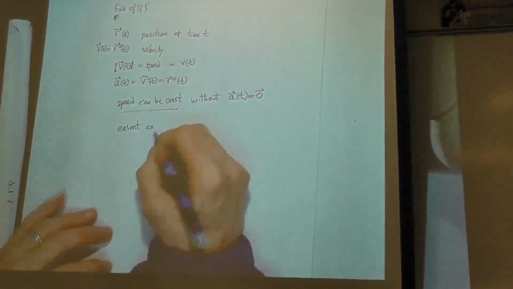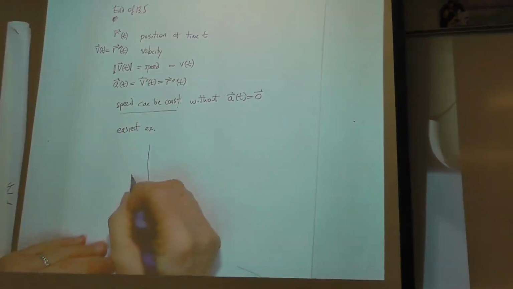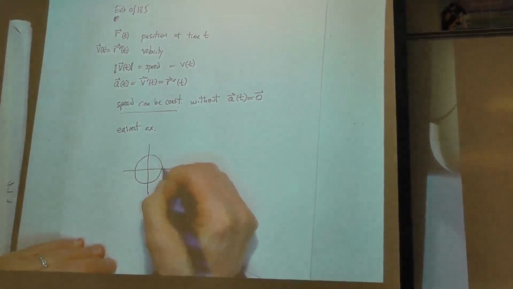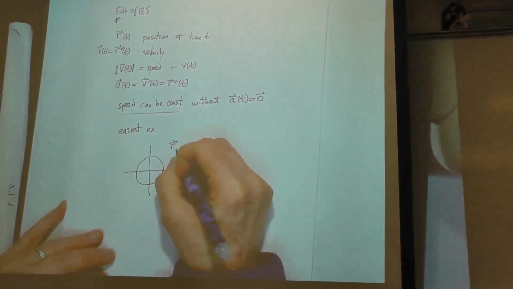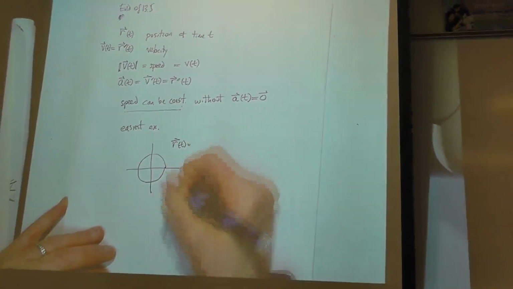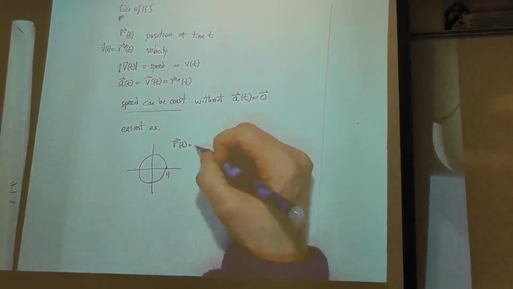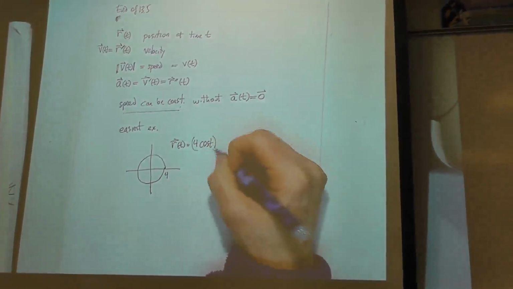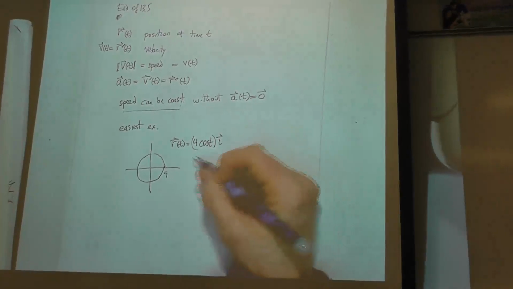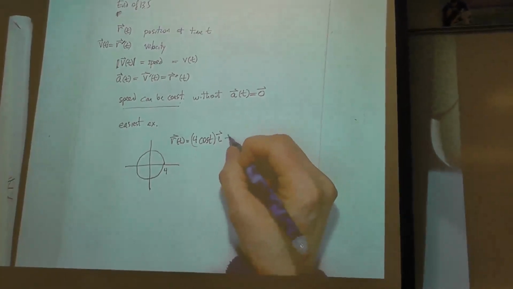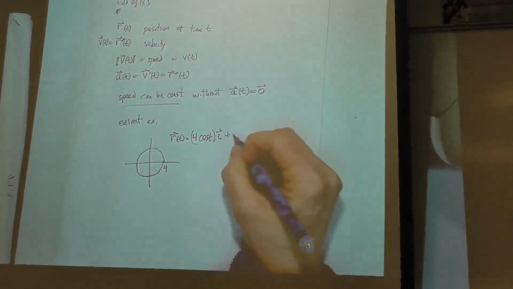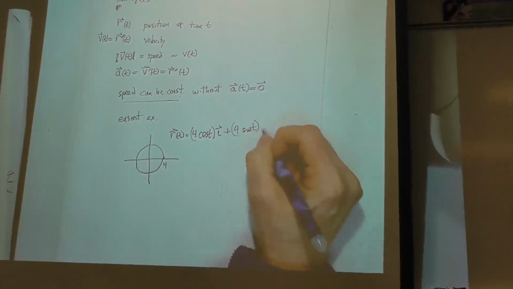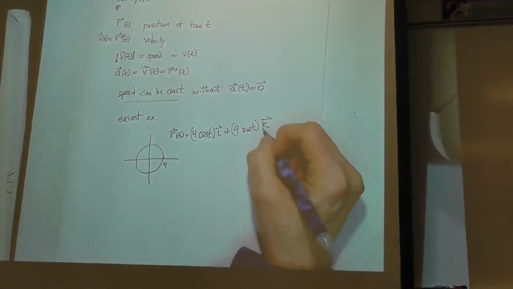And the easiest example is to look at motion around a circle. So if I should let R of t equal, say this is a circle of radius 4, let R of t equal 4 cosine of t in the i direction plus 4 sine of t in the j. Oops, sorry about k.